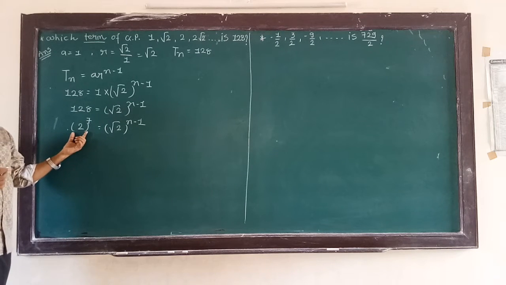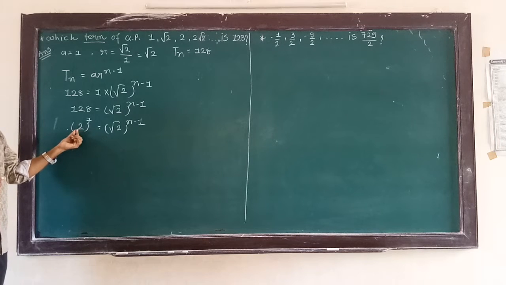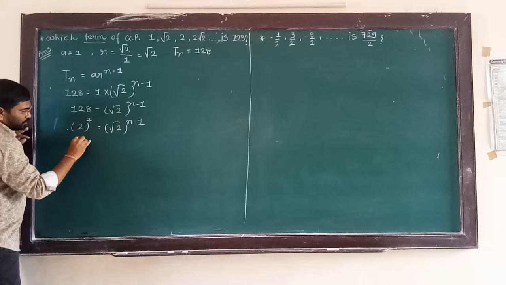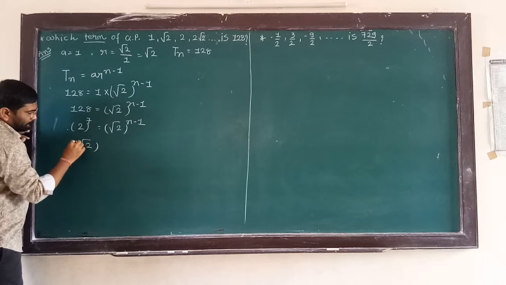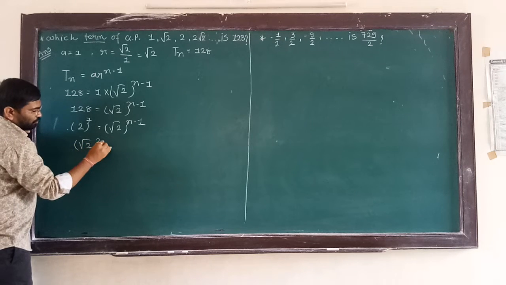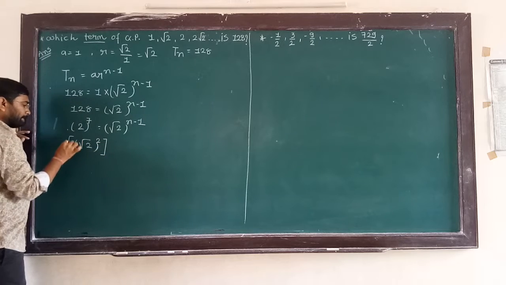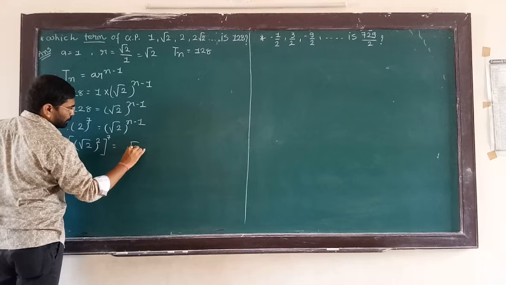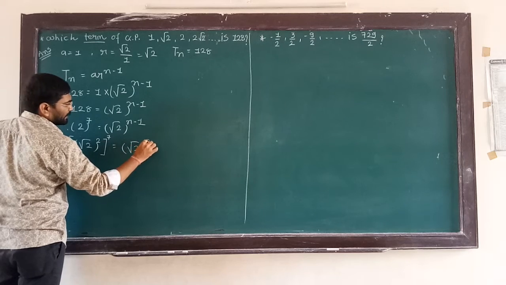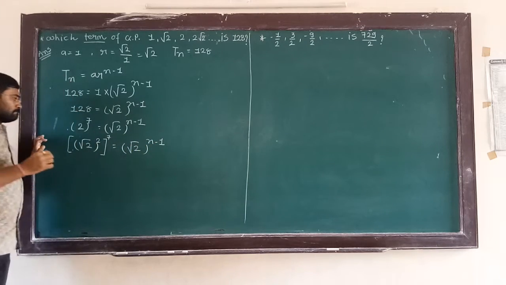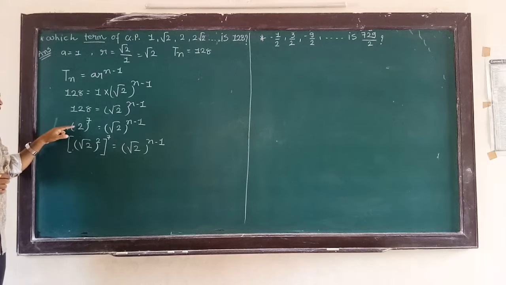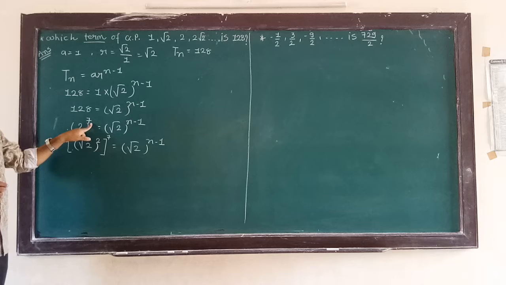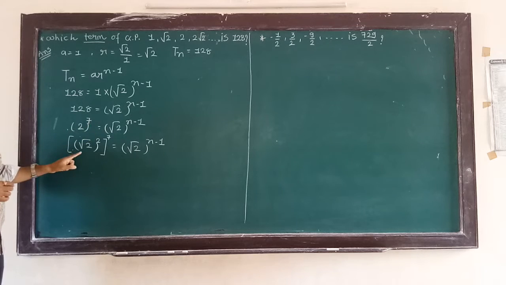Now we convert it into root, then the power is double of 2. Here root 2 squared, power 7 means root 2 power 14, equals root 2 power n minus 1. See the students, here we added a root 2, then the power is double of the particular terms.